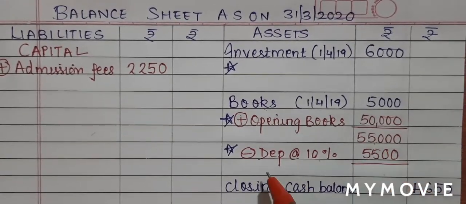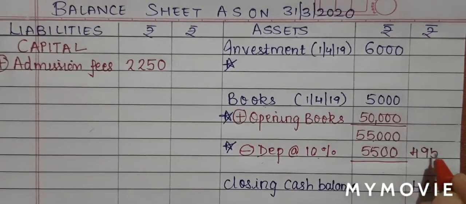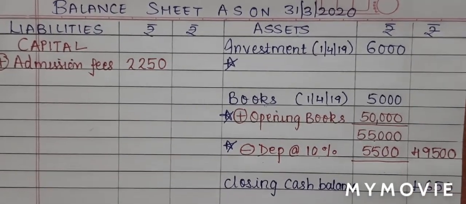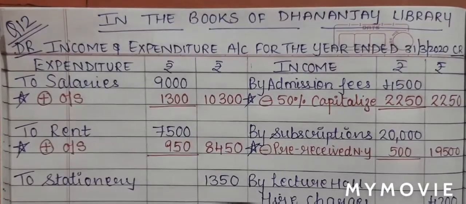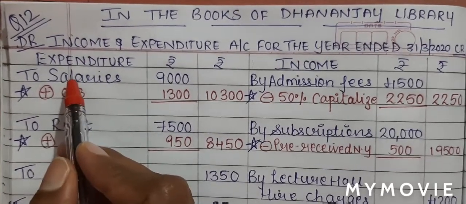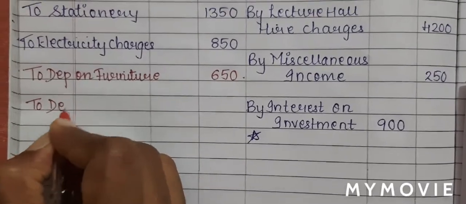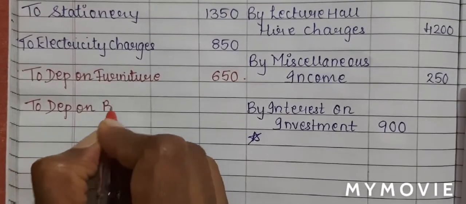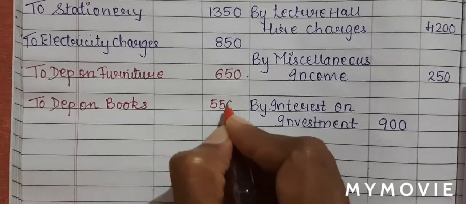So 55,000 minus 5,500 will be 49,500. This is my first effect for depreciation on books. My second effect for depreciation on books will be on the expenditure side. So on the expenditure side, I'll write to dep on books. In the outer column, 5,500.